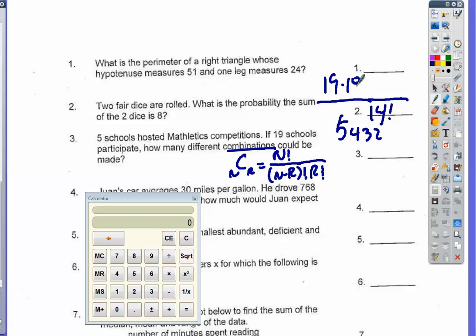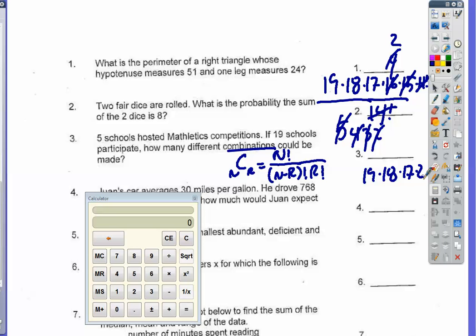So 19 times 18 times 17 times 16 times 15 times 14 factorial, and the 14 factorials cancel out. So 5 times 3 is 15, so I can cancel that. 4 goes into 16 four times. 4 goes into 4 times 2. So really, I'm going to be multiplying 19 times 18 times 17 times 2.